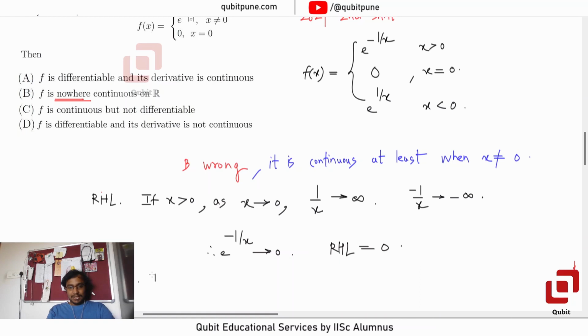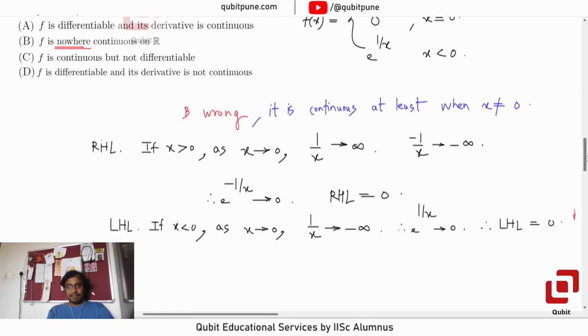If x is negative and x approaches 0, 1 upon x will clearly approach negative infinity, and therefore e raised to 1 upon x will approach 0. Therefore the left hand limit will also be 0, so it is continuous everywhere.